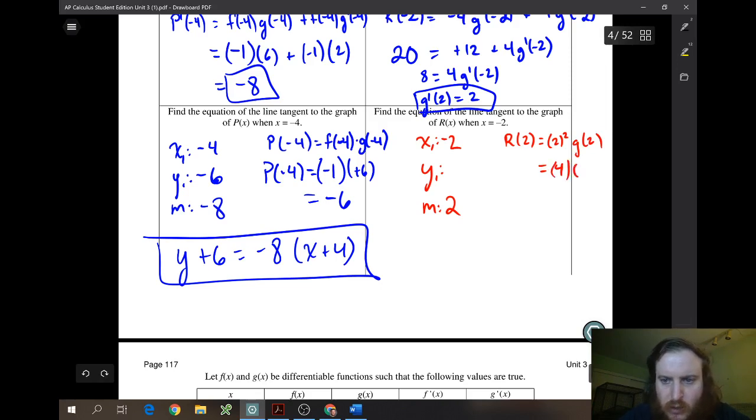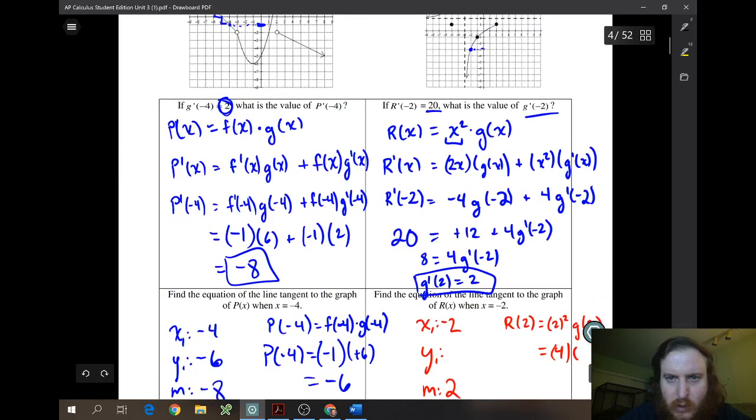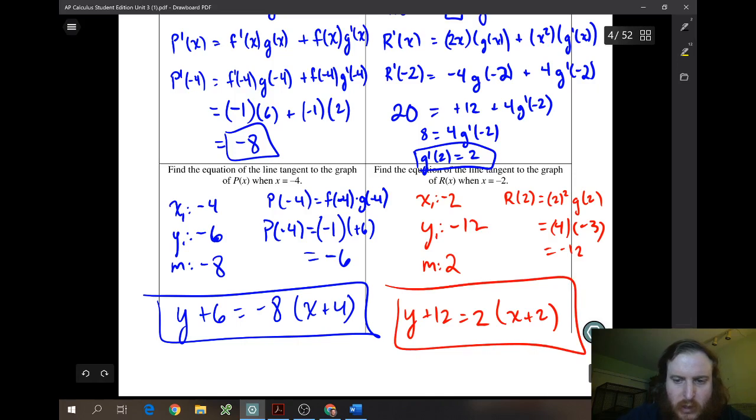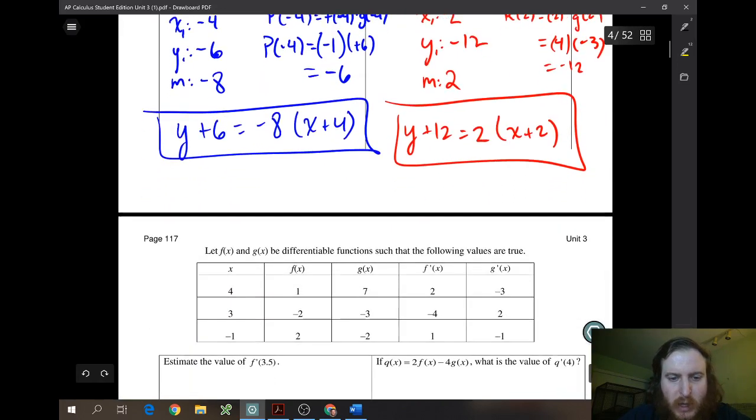And then g of 2 is the y value at 2. The y value at 2 was negative 3. So we get negative 12. So we'd have y plus 12 equals 2 times x plus 2. And so that's our equation of our tangent line. So just kind of reviewing from last chapter.